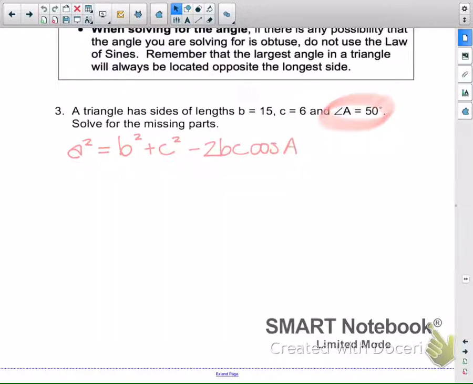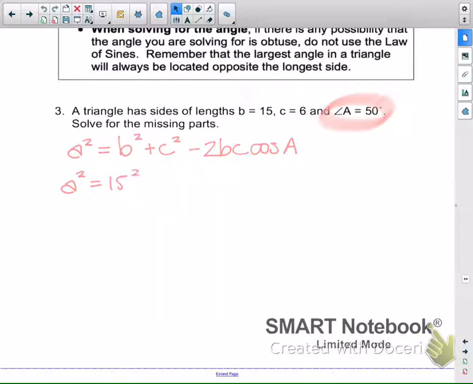Remember we said the side has to match with the angle at the end, and then these pieces in the middle you fill in based off of the other two sides. It's always in the same pattern, but not the ones that are used on the ends. So I typically write out my formula first and then plug in what I know. This one says solve for all missing parts, so we're going to start by finding side A.